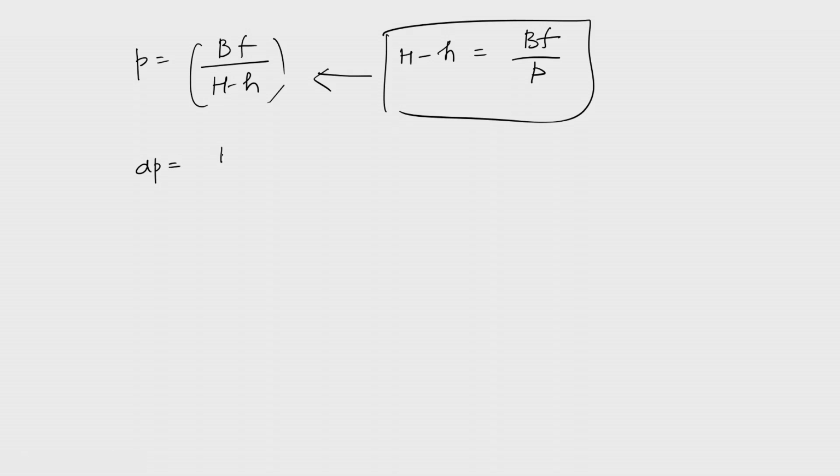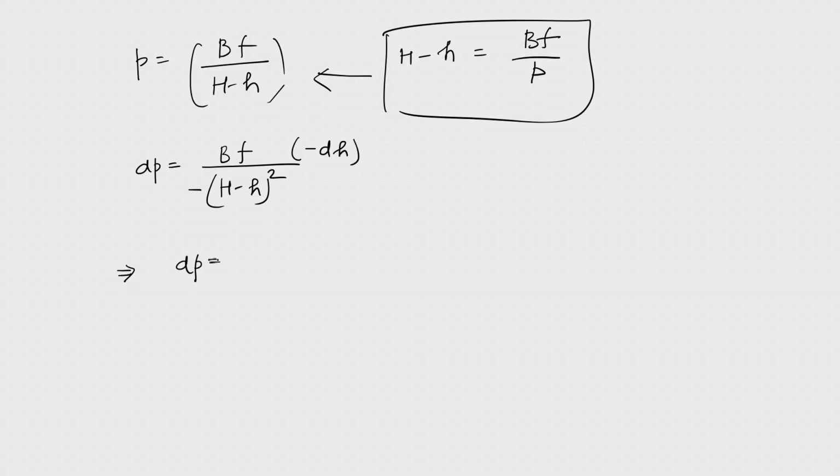If I differentiate it, B constant, f constant, but h is not constant. So I write (H minus h) whole square, minus and minus dh. There I will get dP equal to, again minus and minus will go, and then I have dh into B f upon (H minus h) whole square.